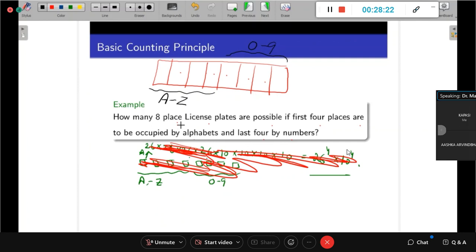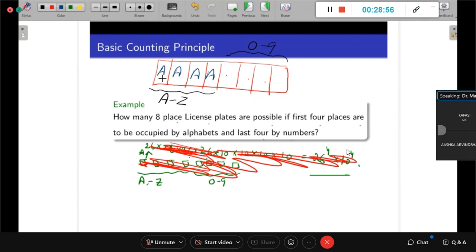Now it is not given here that you cannot have repetition, it is not saying that repetition is not allowed. So all possible things, whatever you want to do, you can do. But the first 4 places should be identified with any alphabet, and the last 4 places should be identified by any number, 0 to 9.